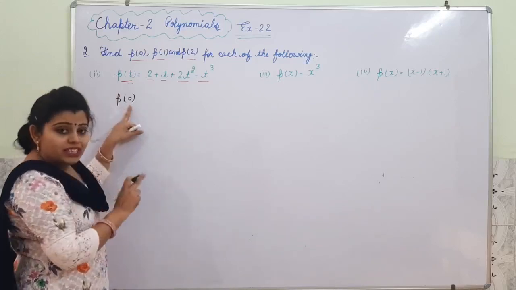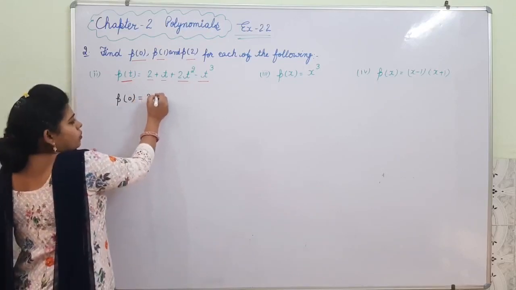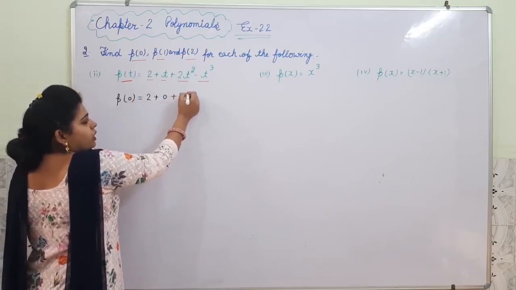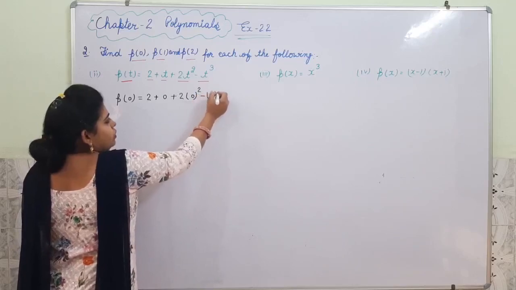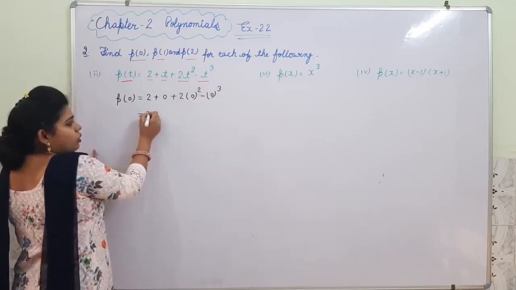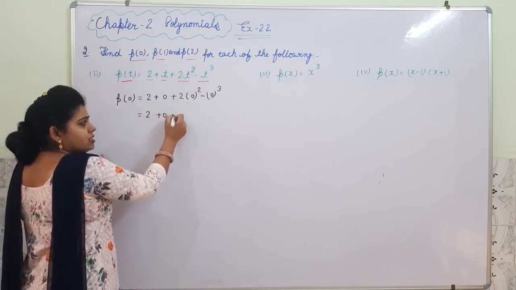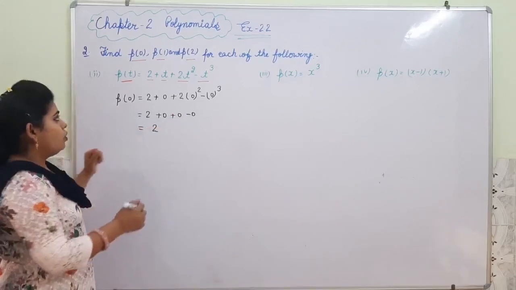T. We will replace this variable by 0. It will be equal to 2 plus 0 plus 2 into 0 square minus 0 cube. Here 2 plus 0, it is 2, minus 0, means we will get 2.